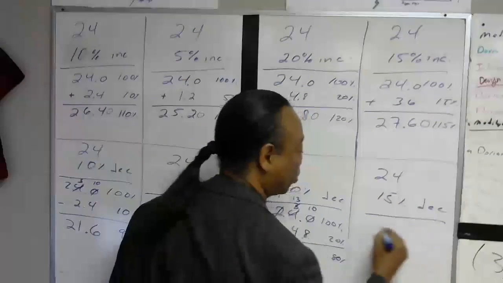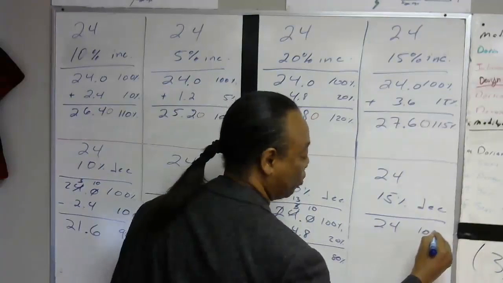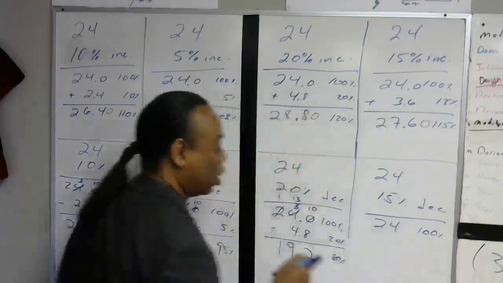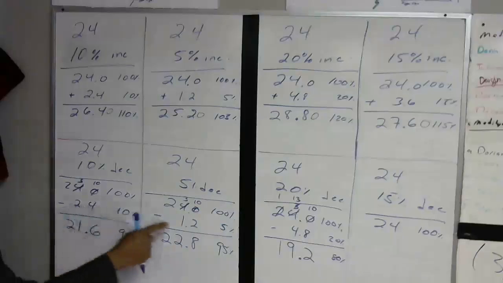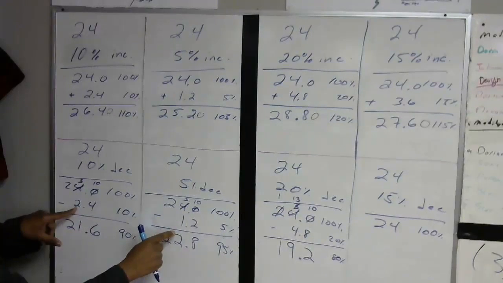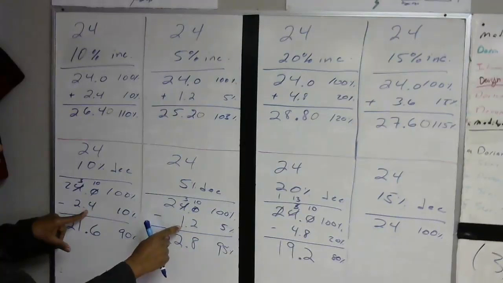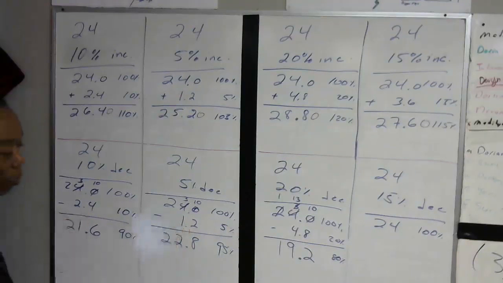To achieve 15%, what we're going to do is take the 24 and look at 10% and the 5%. The 10% is 2.4, whereas the 5% is 1.2. We'll combine these to make 15%, which will be 3.6.